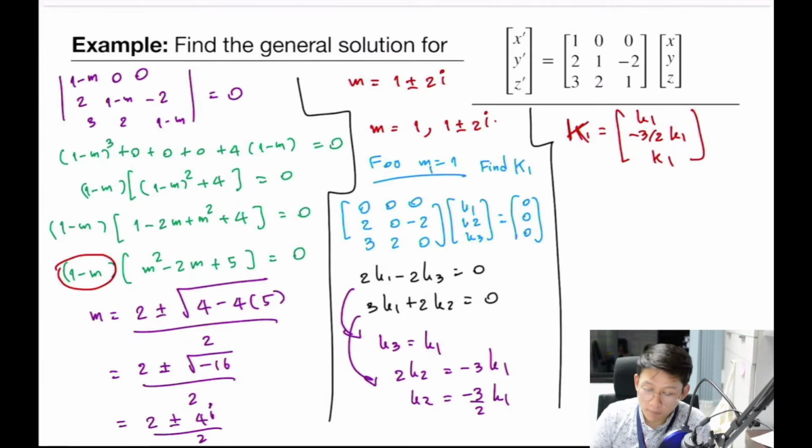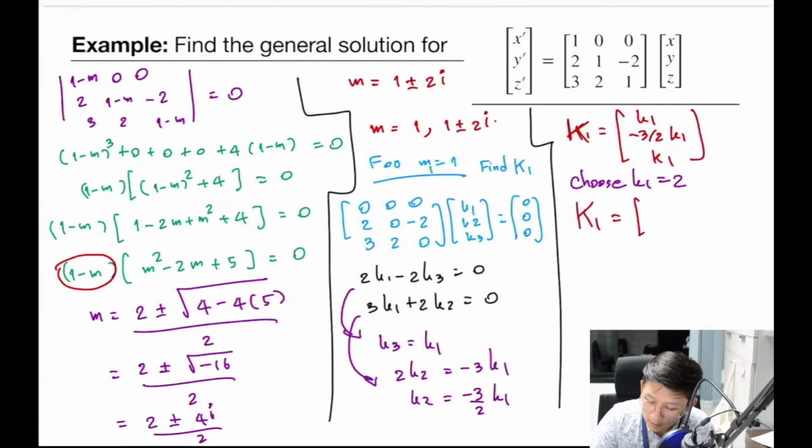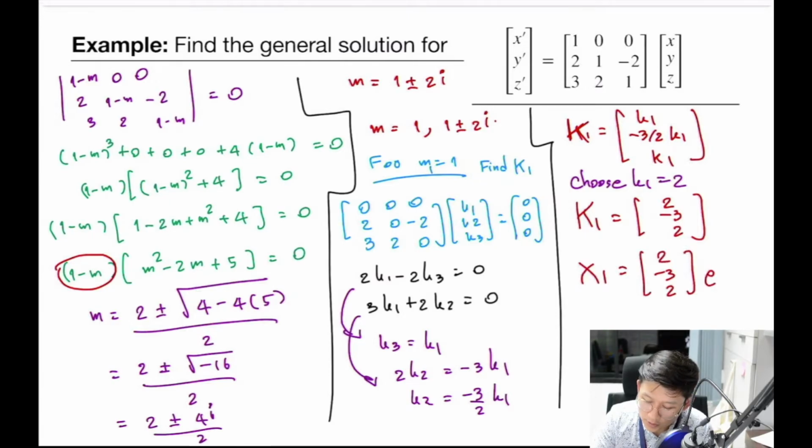So how about we choose k1 equals 2. Then the big K1 would be 2, minus 3, and 2. And our x1 would be (2, minus 3, 2) times e to the 1t, which is e to the t.